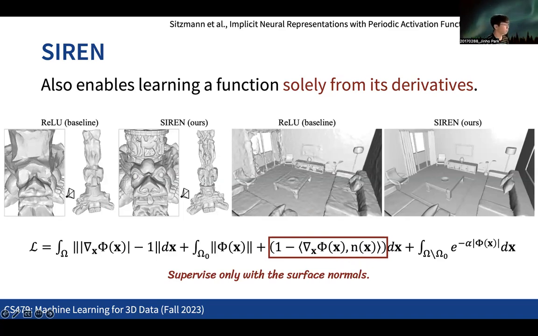So given the surface normal information, we are reconstructing the implicit function in a way that the first derivatives match the given normal information, while giving some other constraints so that we are getting values close to zero over the surface of the shapes, and values deviating far from zero for the area which is not on the boundary of the shapes.